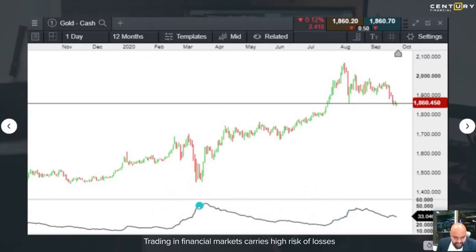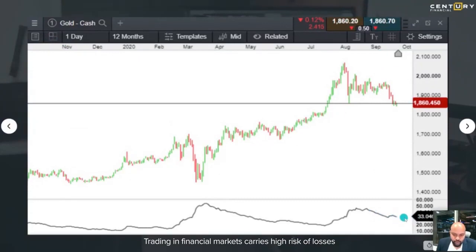What is this ATR actually trying to indicate to me? Today it shows 33.04. So this is indicating to me that on a daily movement we can expect gold to move $33.